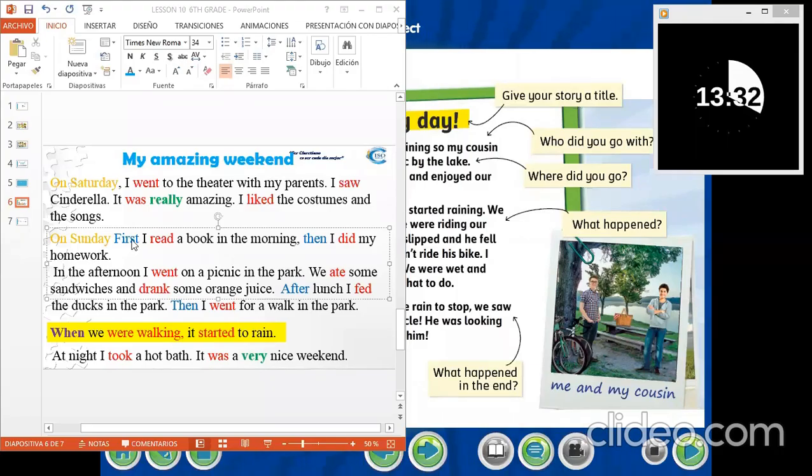Use connectors, okay? Don't forget the connectors. First, then, next, after, finally, okay? Use connectors in your composition. And obviously, the activities would be in order, okay?